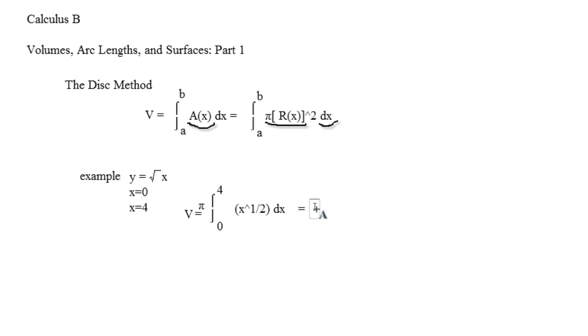So on the outside, this is going to be pi times 2/3 x to the 3/2, going from 0 to 4 of this. Obviously when we do the 0, we're not really subtracting anything, so all we need to do is plug in 4.